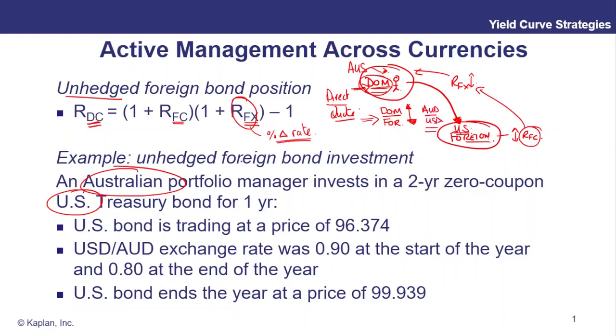Now you will remember at level 3, you are veterans of the CFA program, the slightly controversial way that the CFA Institute chooses to quote currency, that being variable over fixed. I quite like it, but I'm used to it.